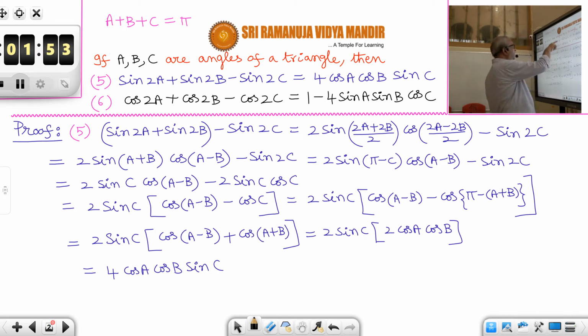But now here minus sin 2C is there. Right side 4 cos A cos B sin C. So slight difference is there.